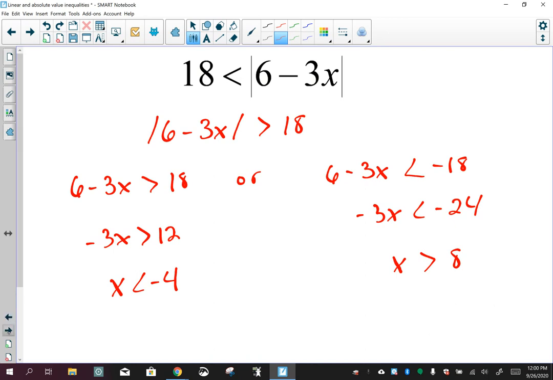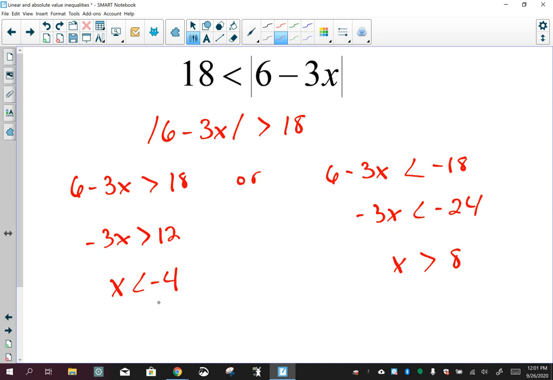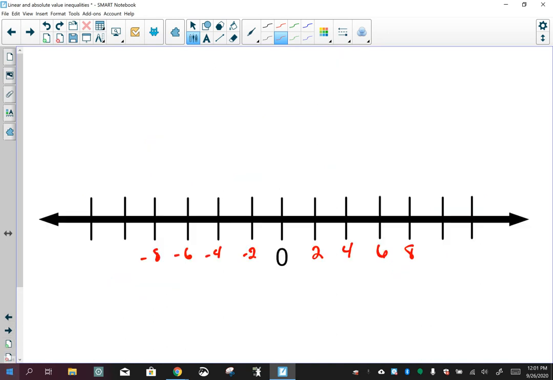So when I actually look at graphing this, 2, 4, 6, 8. I don't know if I have enough. Yeah, I do. 2, 4, 6, 8, negative 2, negative 4, negative 6, negative 8. X is less than negative 4, so I'm going to go off into that direction. And I've got x is greater than 8, so I'm going to go off into that direction.